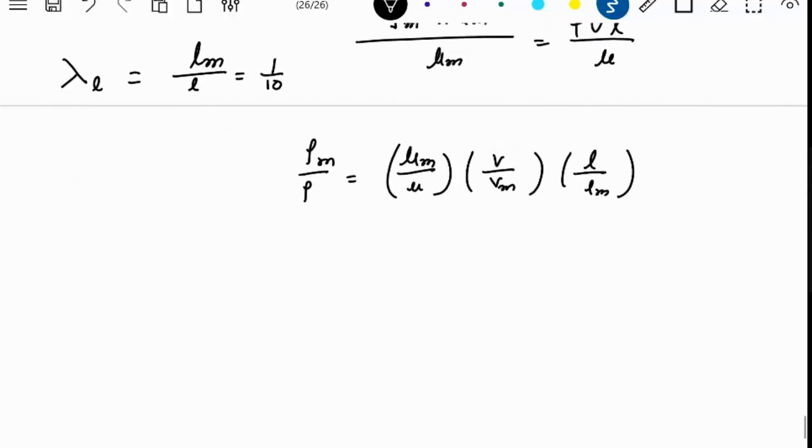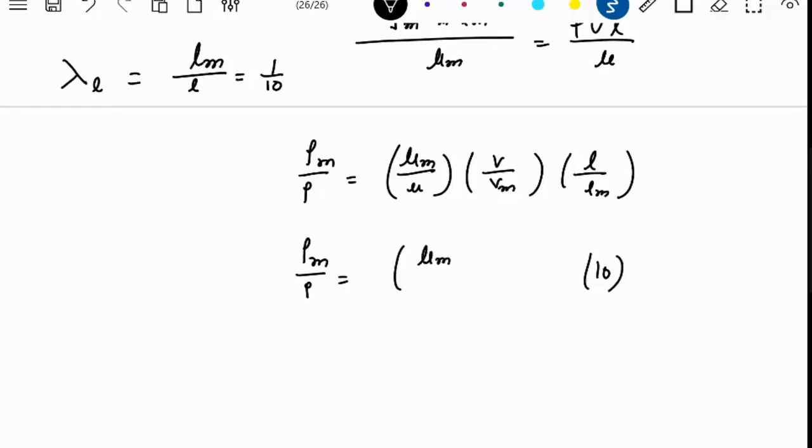If there is anything different, let me know. So rho m by rho is equal to 10 times mu m by mu times V by Vm.